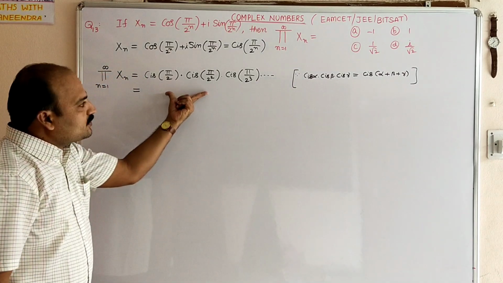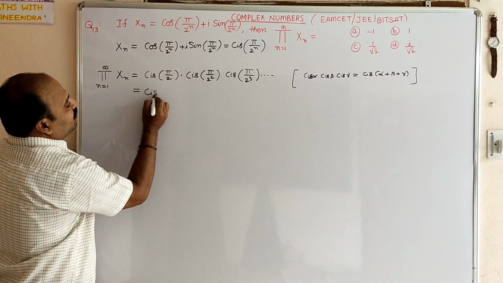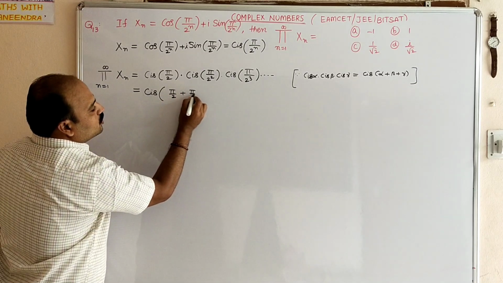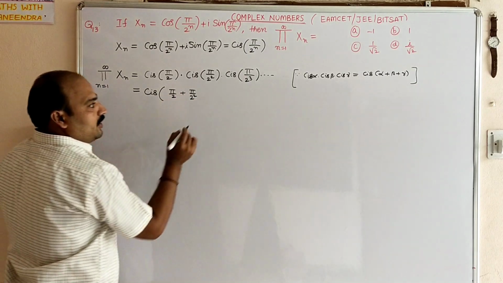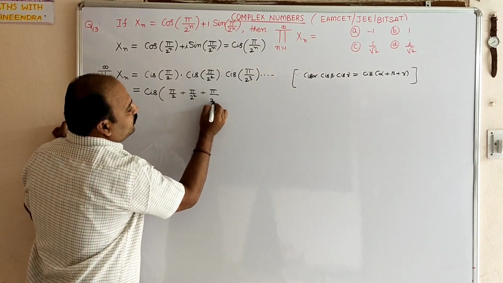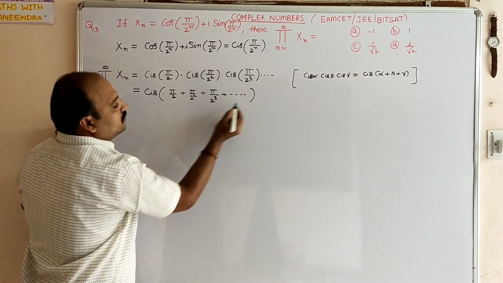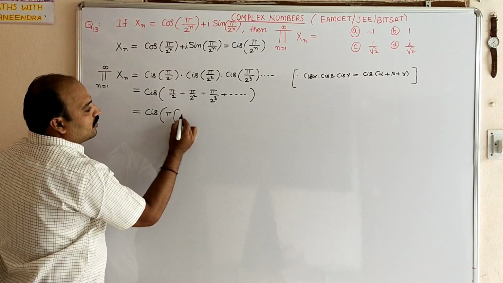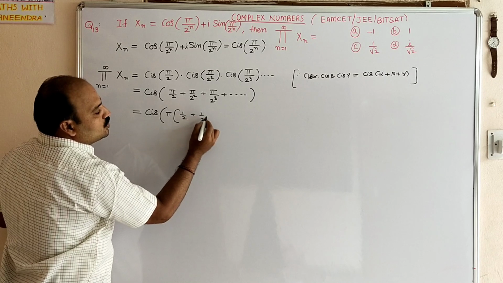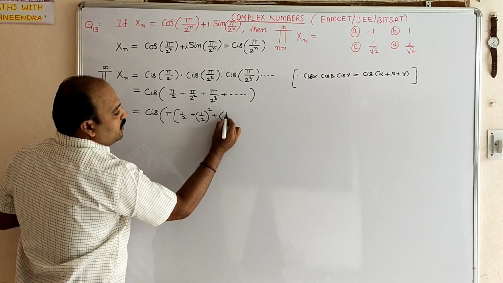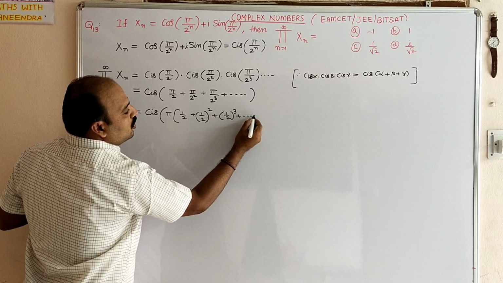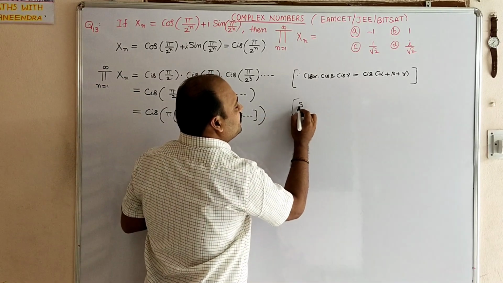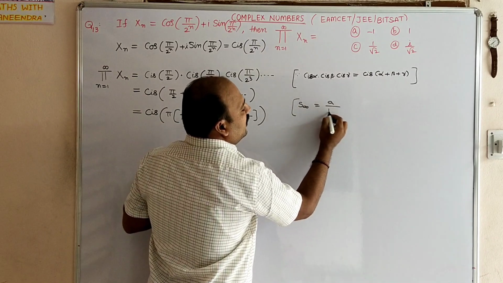So this can be expressed as cis of pi by 2 plus (pi by 2) square plus (pi by 2) cube plus and so on. After that, cis of pi, taking common, 1 by 2 plus 1 by 2 square plus 1 by 2 cube plus and so on. This bracket value, again, is a sum to infinity model: a by 1 minus r.